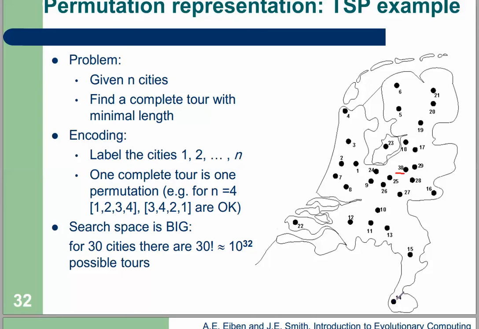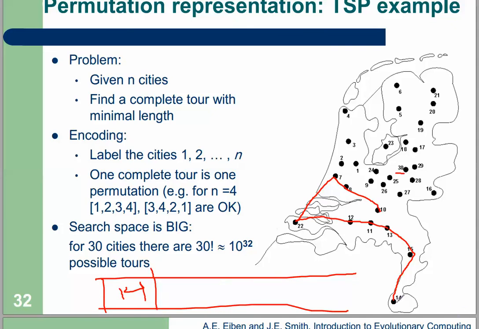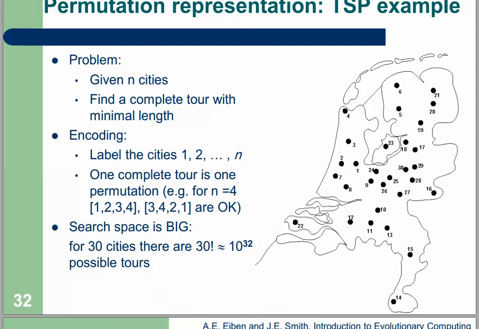For example, if he starts from here, then here, then here, then here, then goes here, then here, so the chromosome is 14, 15, and so on. It is the order of the destinations. If it starts, for example, from here, the chromosome is 3 to 7, 8, 9.